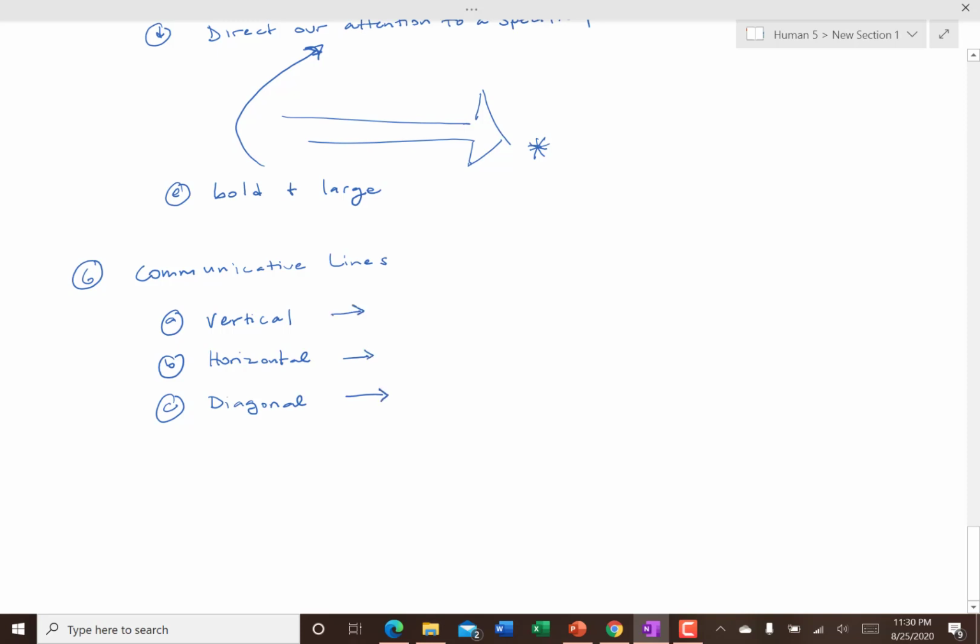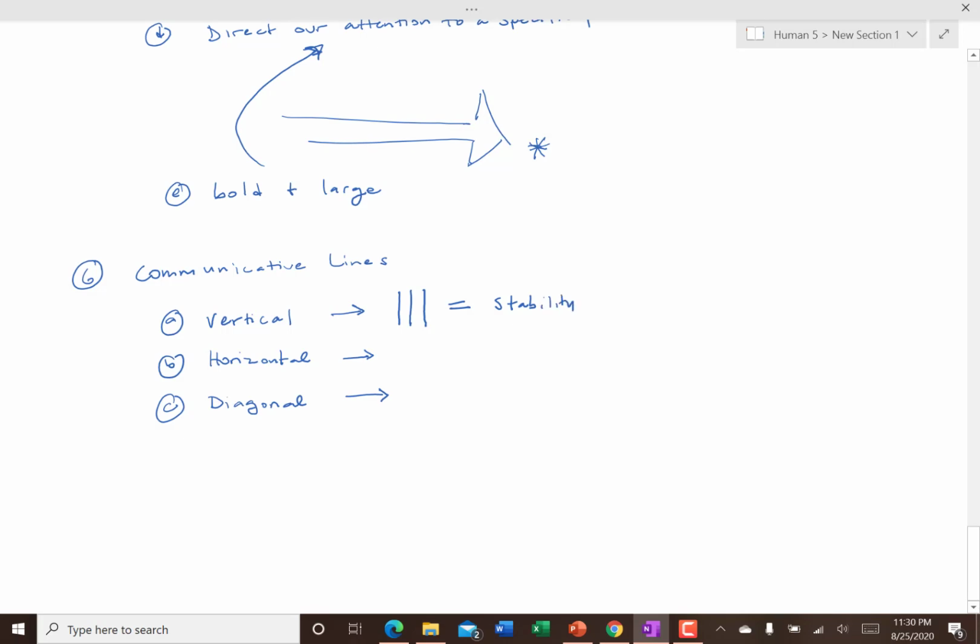So let's go with vertical first, right? And that's where you have this. So vertical lines, and there's more, these are just some of the basic ones, but they tend to create a sense of stability, authority, and strength.